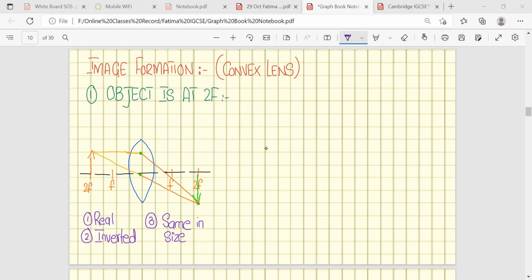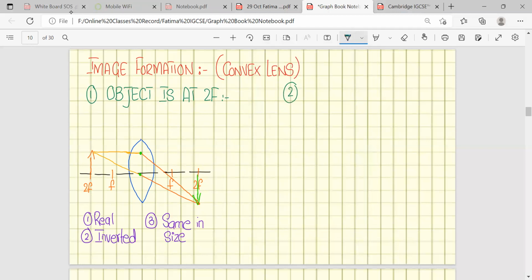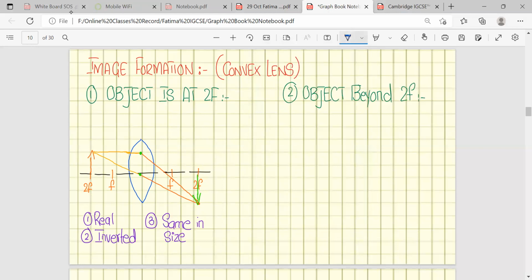And let's suppose we place an object behind 2f. Let's suppose the object is placed beyond 2f. So now the image is going to be placed beyond 2f.